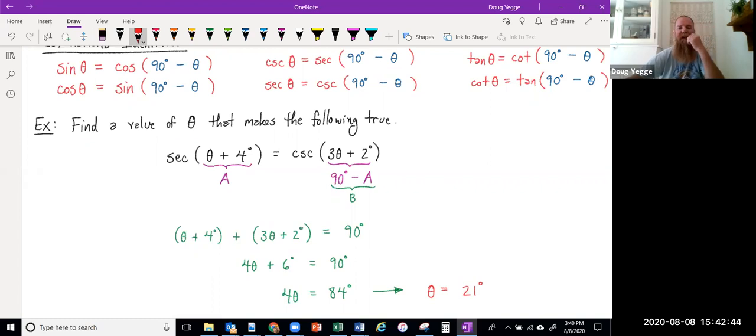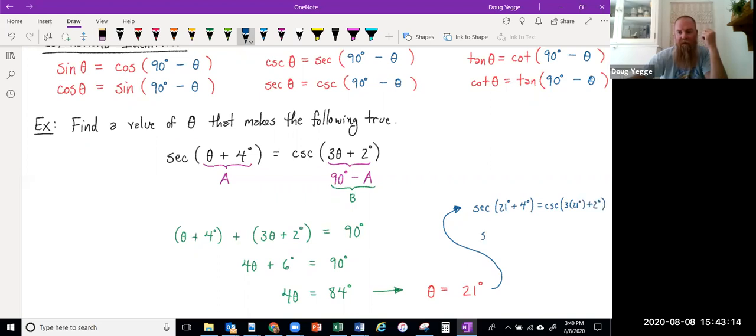So let's check this real quick and see what that implies. If we write secant of 21 degrees plus 4 degrees, that should be equal to cosecant of 3 times 21 degrees plus 2 degrees.